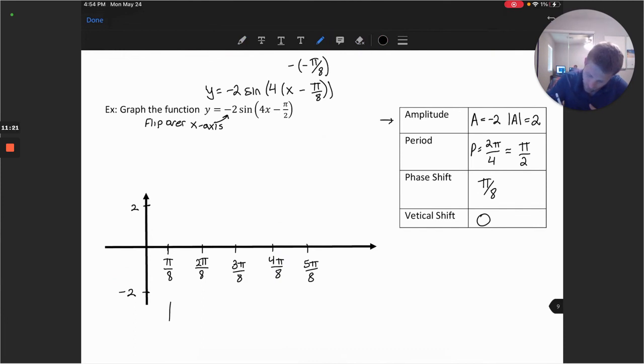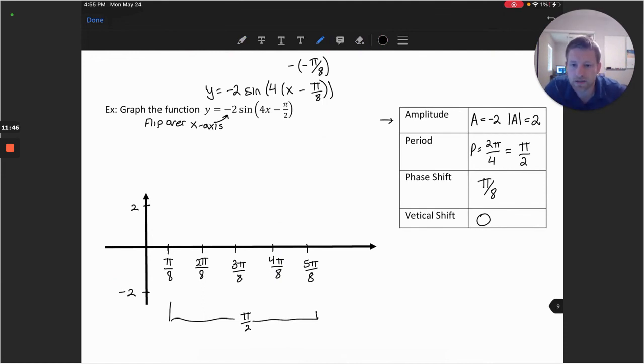So from here all the way to 5 pi over 8, that's pi halves units. So that's where we're going to fill in our graph. And notice this is nice and convenient because this is kind of chunked up into 4 segments here where my graph is going to be.